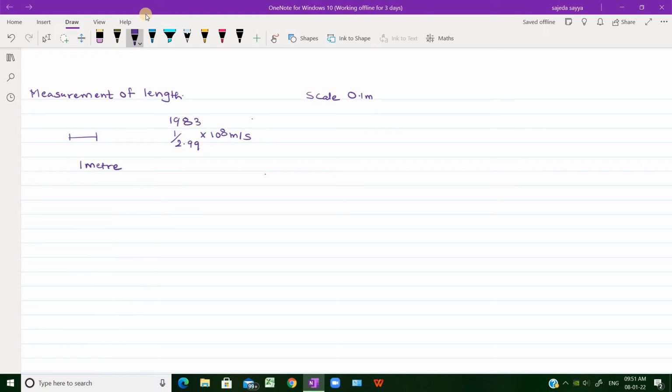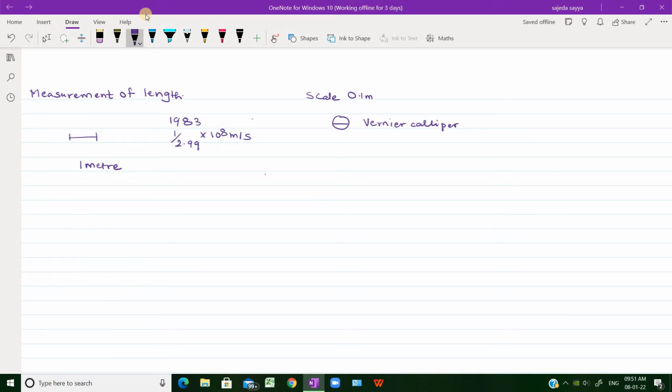Now, if there is a small sphere and we want to measure its diameter, that cannot be measured accurately with the help of a scale. So, for that purpose we use the vernier caliper.